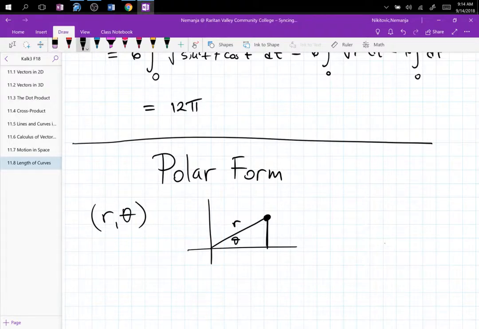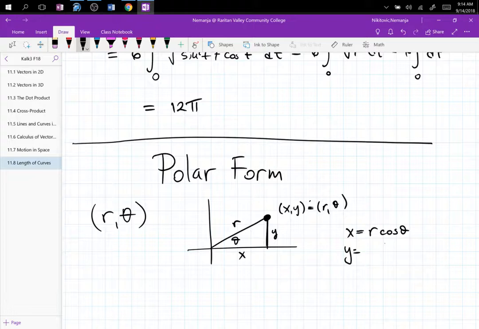What you also have at the same point is also x, y. These two worlds are connected through conversion formulas: x equals r cosine theta and y equals r sine theta. So these two formulas are conversion factors between the two worlds.